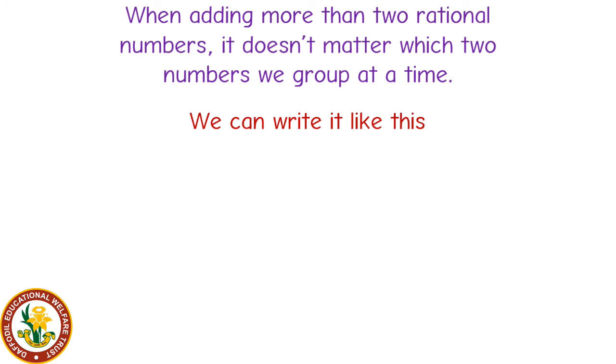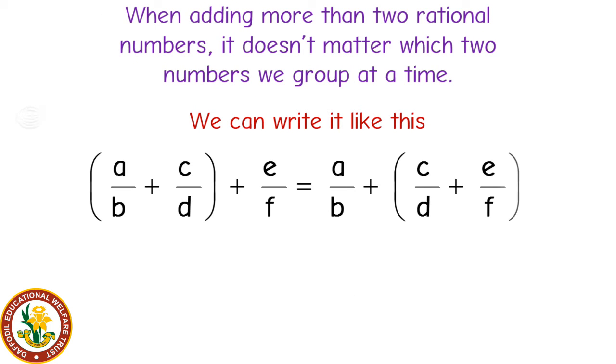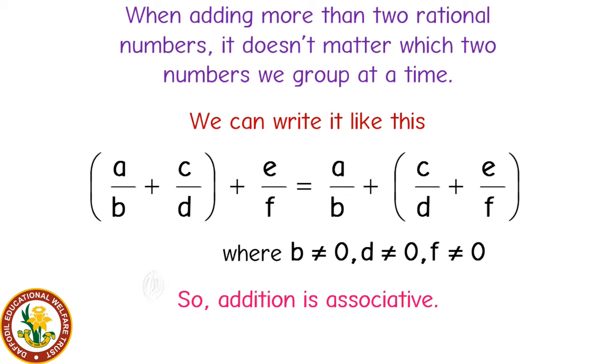We can write it like this. (a/b + c/d) + e/f is equal to a/b + (c/d + e/f), where b is not equal to 0, d is not equal to 0 and f is not equal to 0. So, addition is associative.